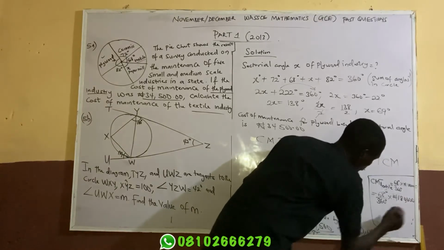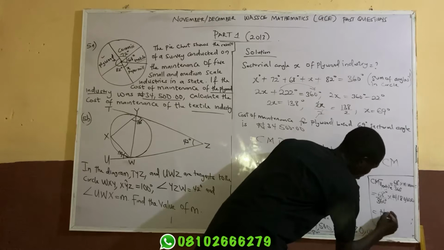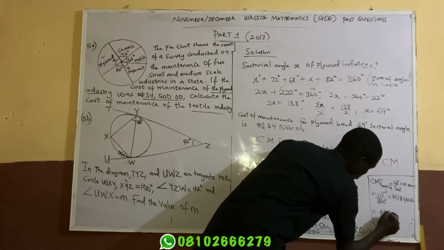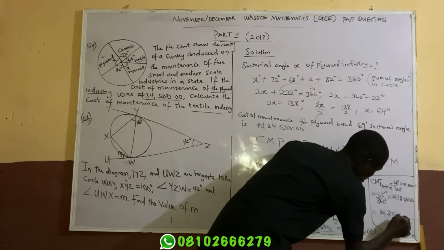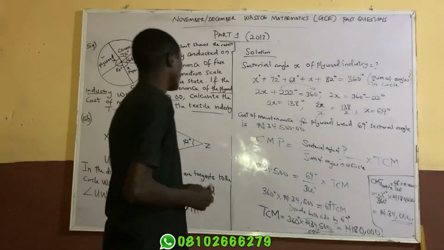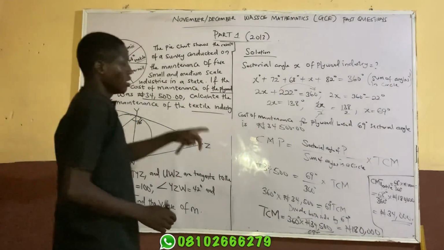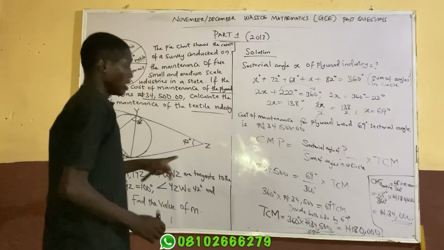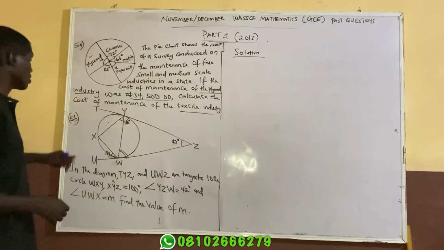So when you calculate this now, you have 4,000. So the cost for maintaining the textile industry is 4,000, because it is 5b.